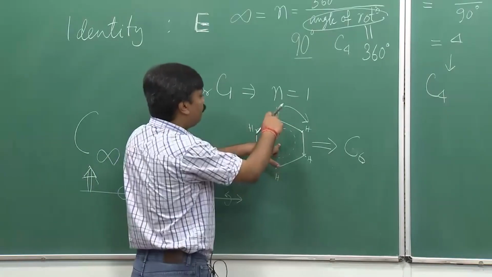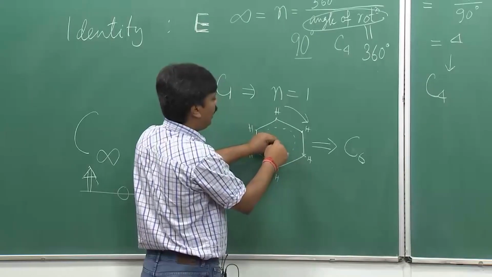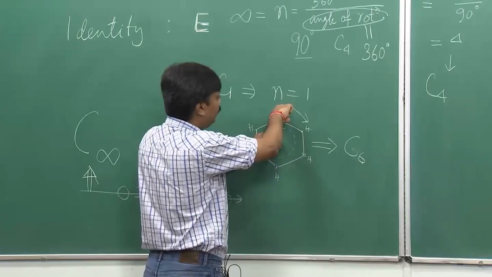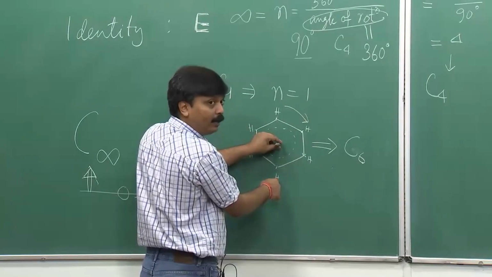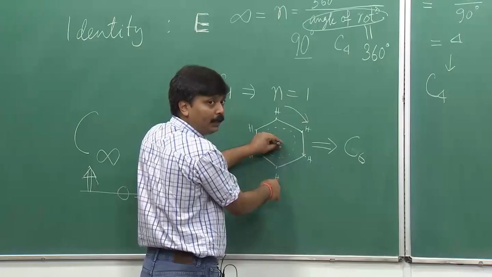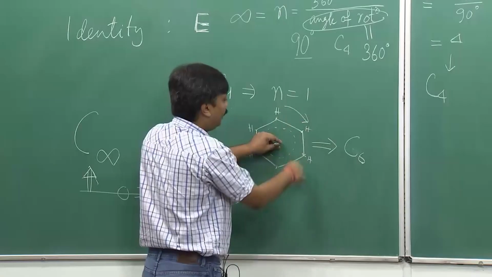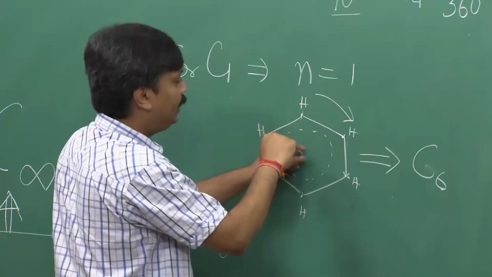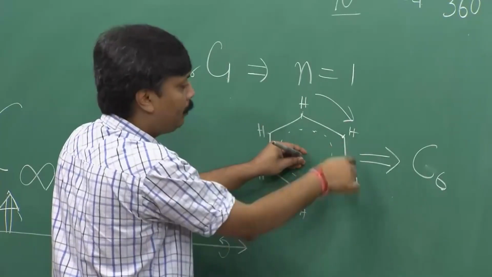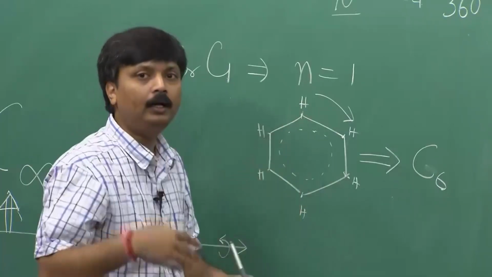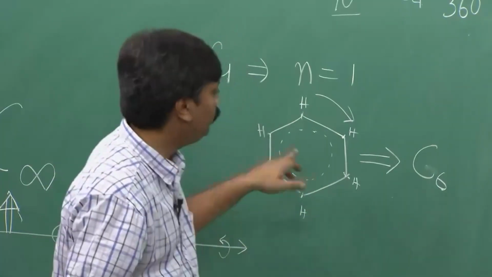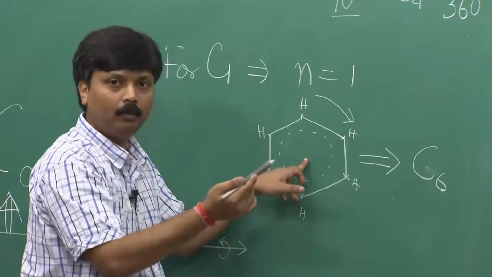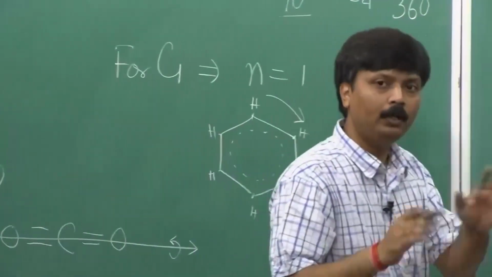Now if you want, you can have an axis here, and you can rotate in such a way that this H comes here. That is, I can have a 180-degree rotation, right? So this 180-degree rotation about this axis without going through this, so directly you rotate and bring it here. Do not stop here. So this is a C2 axis, right? So C2 and C6 are about the same axis. Which is different from BF3.